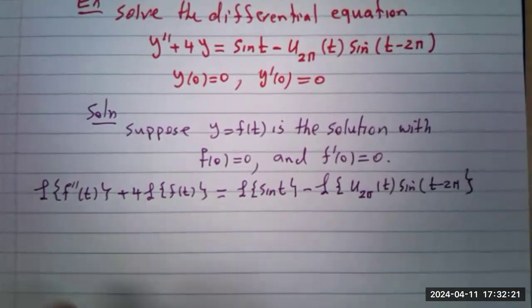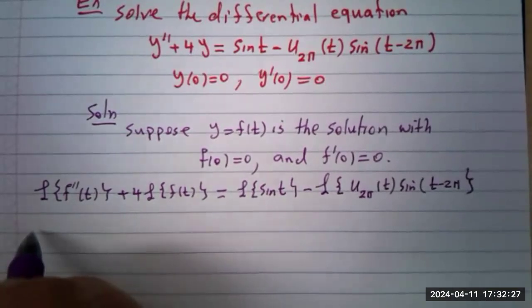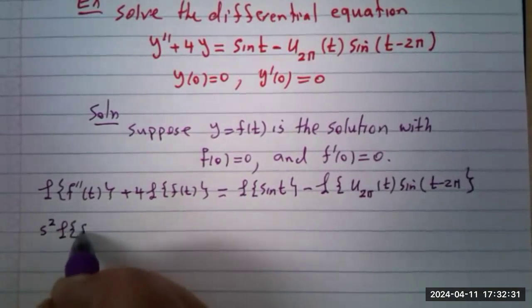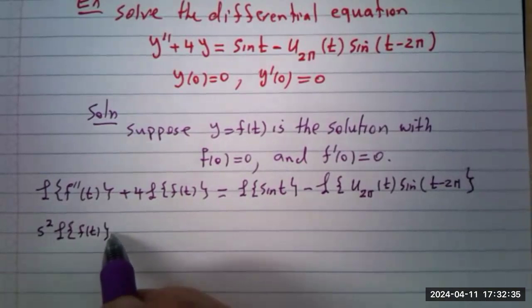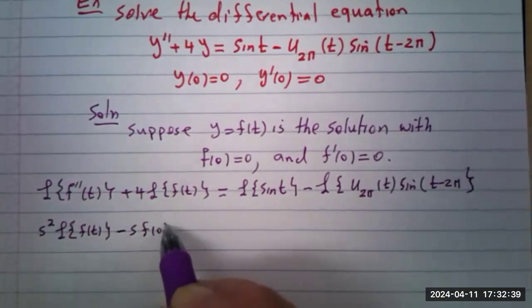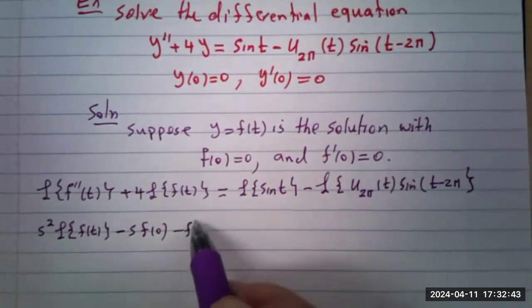I'll use the formula to change this one. For f double prime, remember the formula? It's going to be what? Start with s squared Laplace of f of t. We reduce the power of s, and we bring those f of zeros. So it's going to be minus s f of 0, minus f prime of 0.